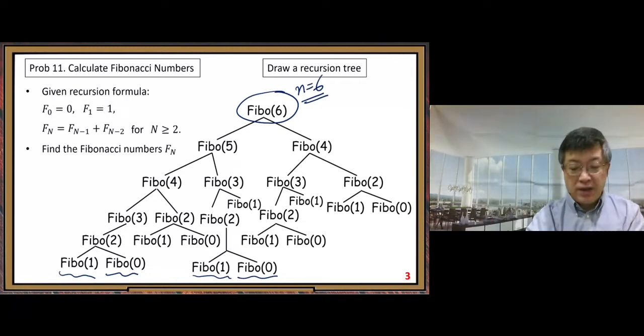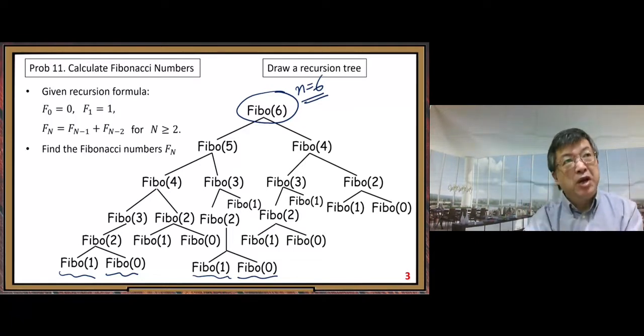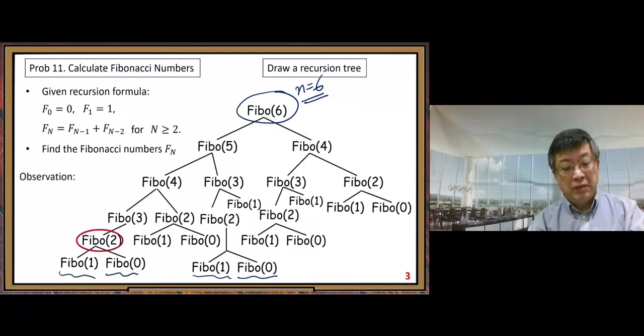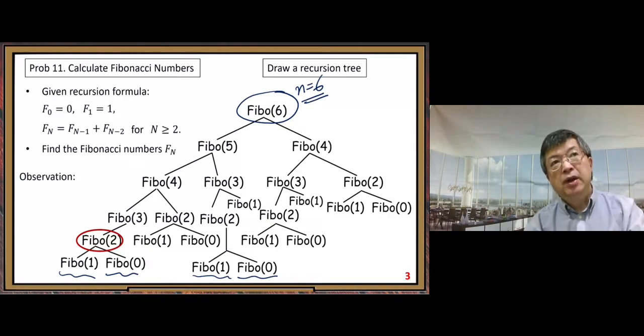But can you observe some special property in this tree? The most prominent property in this tree. Here is the observation. If you look at Fib of 2, can you see how many times this node, or this number, appears in the tree?